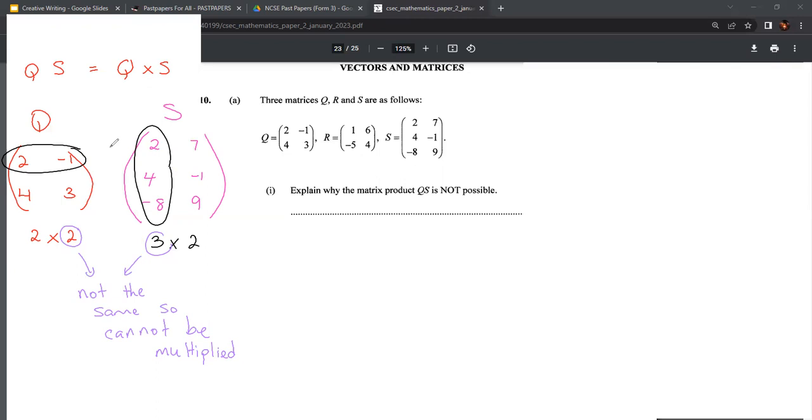So it can only work out if you have the same number of elements in the rows in the first matrix as compared to the columns in the second matrix. So that's our reasoning there.